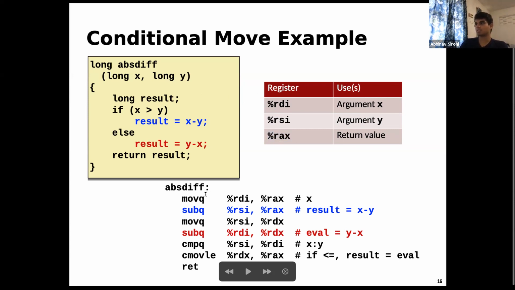First we move RDI into RAX. So we move x into RAX, and then we subtract y from x, and we have that result.